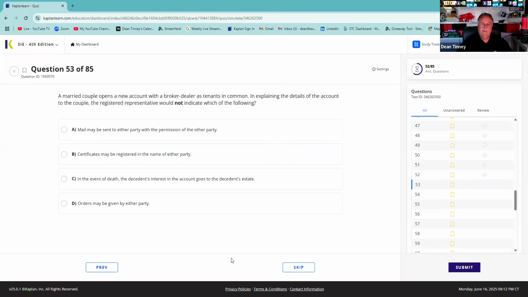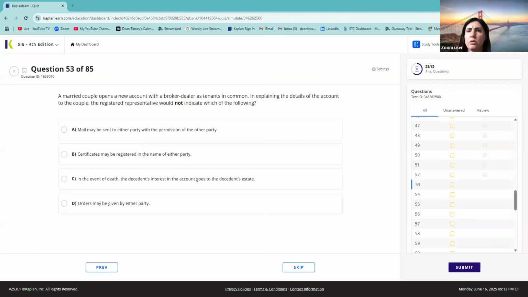A married couple opens a new account with a broker-dealer as tenants in common. In explaining the details of the account to the couple, the registered rep would not indicate which of the following? Mail may be sent to either party with the permission of the other party. I think this is not true because they are joint, right?